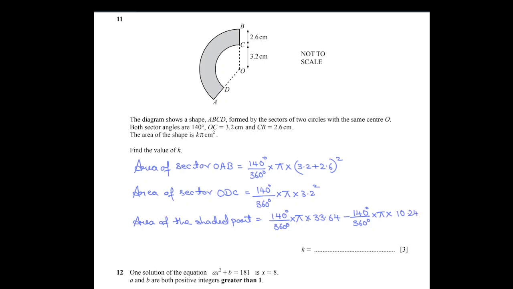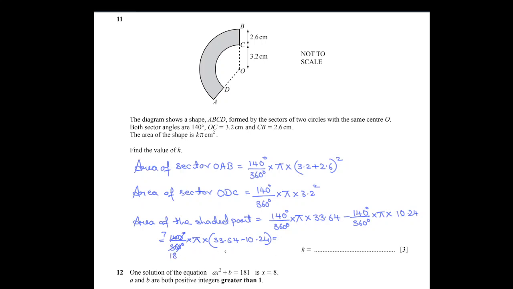Now in these two terms we can take 140 by 360 into pi as common. So 140 by 360 into pi into 33.64 minus 10.24. And what is 140 by 360? You can cancel out 0, cancel with 2, 2 sevens are 14, 2 nines are 18, so 7 by 18.